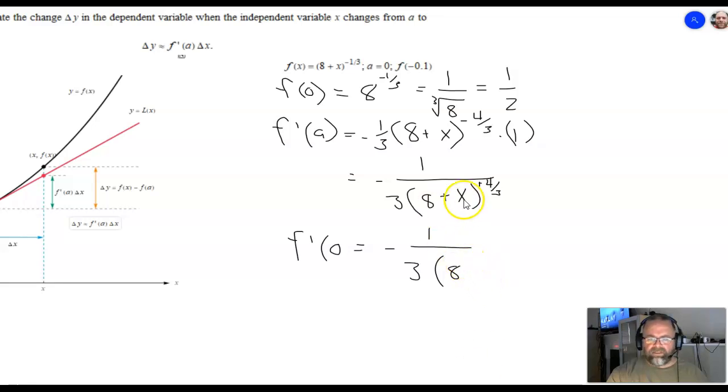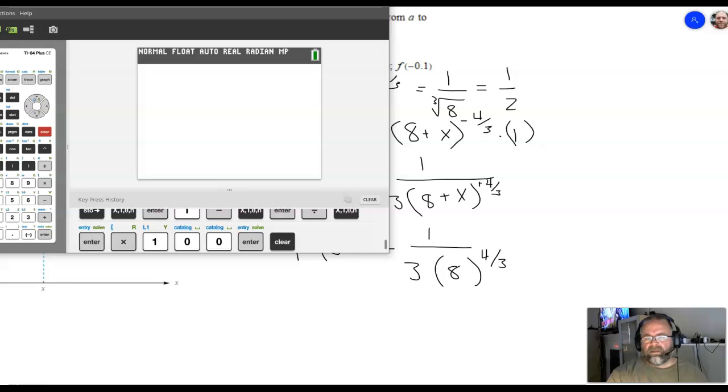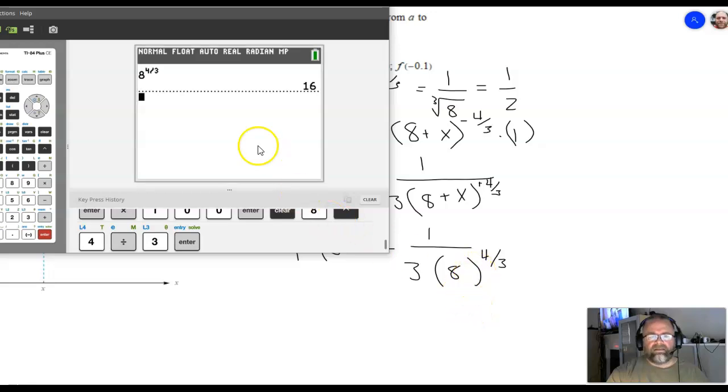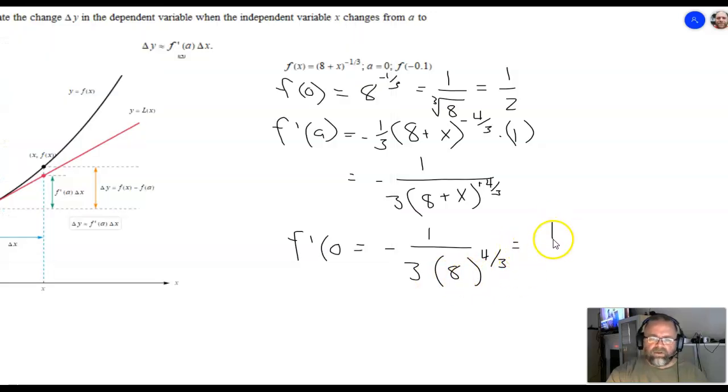All right, 8 plus 0 is just 8, so that's 8 raised to the 4/3. And I'll go ahead and use my calculator for that. So 8 raised to the 4/3 is 16. So this is basically going to be 1/3 times 16, which is 48. So that's equal to 1/48. All right, we're getting somewhere now.